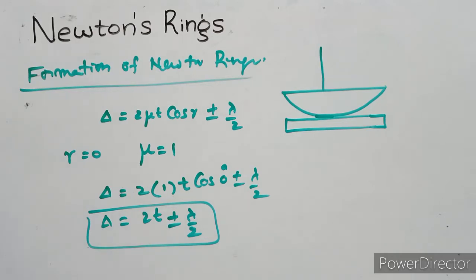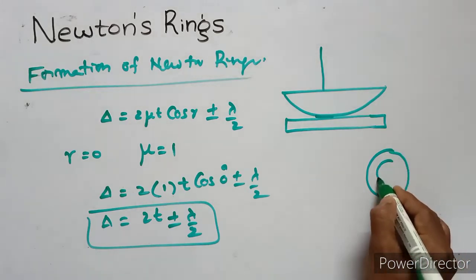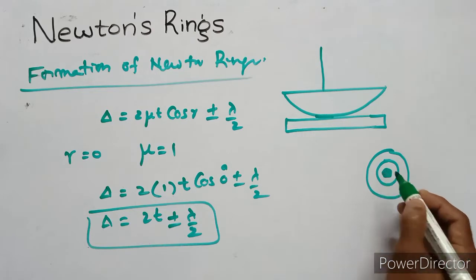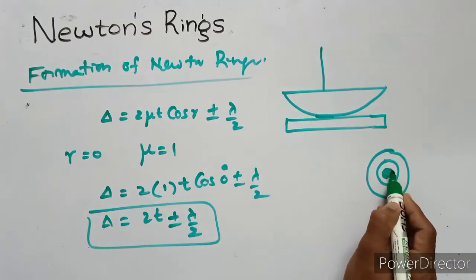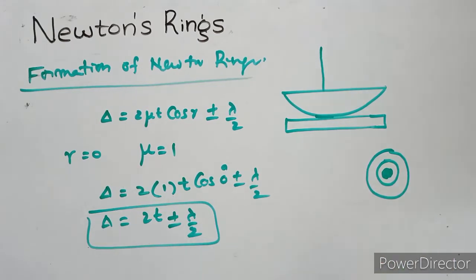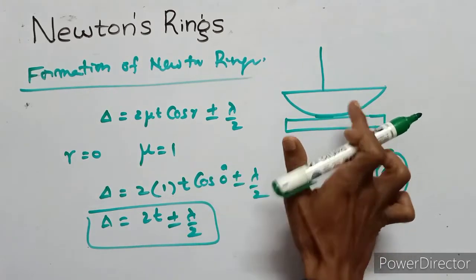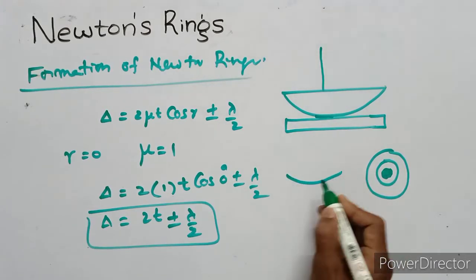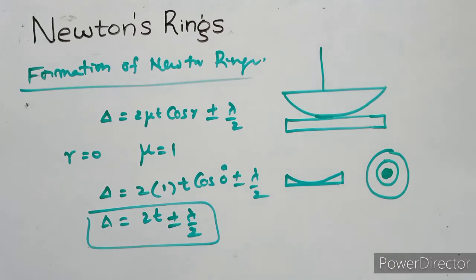So this is the interference pattern. This is the central ring. Why is the central ring dark? This is the air film.